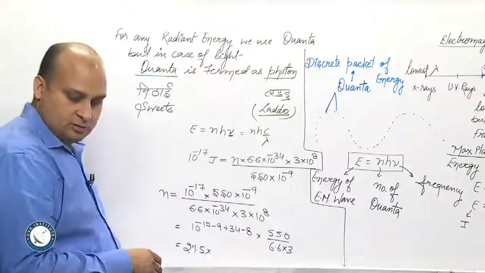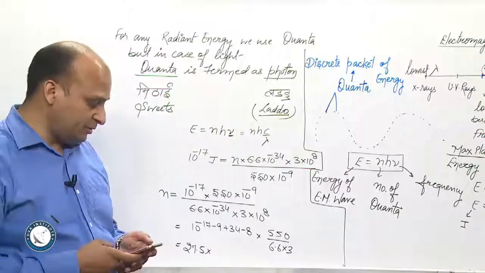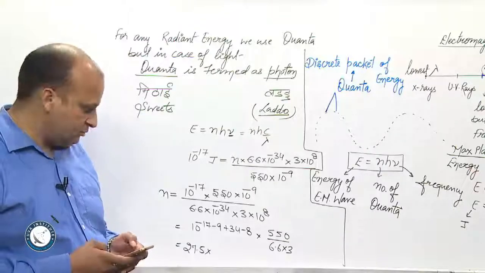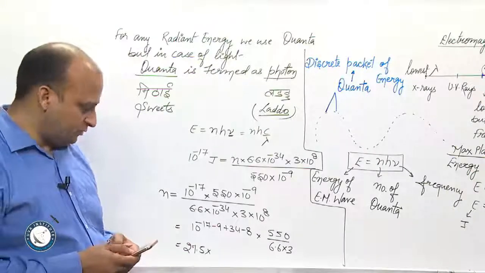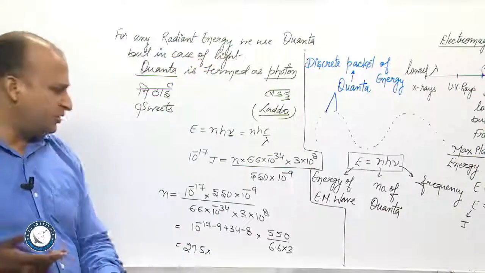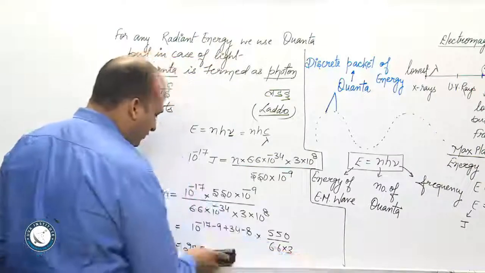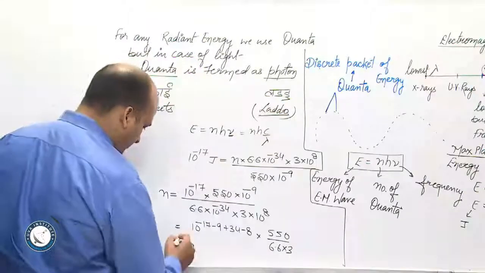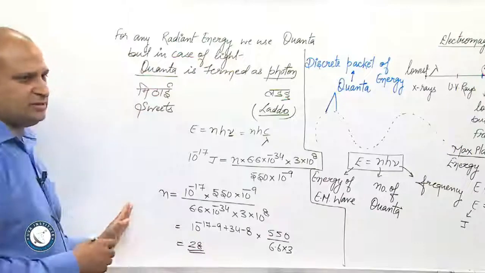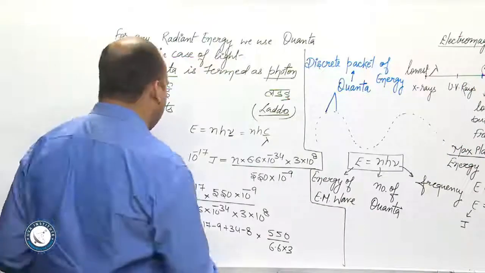If you solve it properly, 550 divided by 6.6 divided by 3, you will be getting 27.7, approximately 28. So we have to write 28 only. Yes. So this was question number 1.